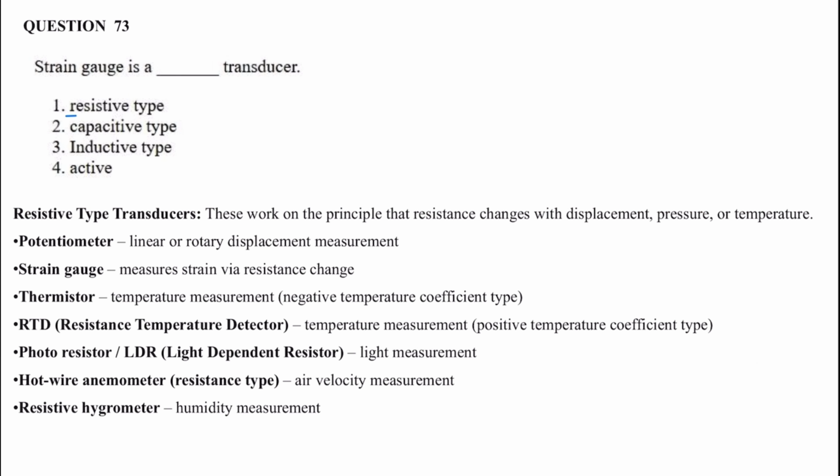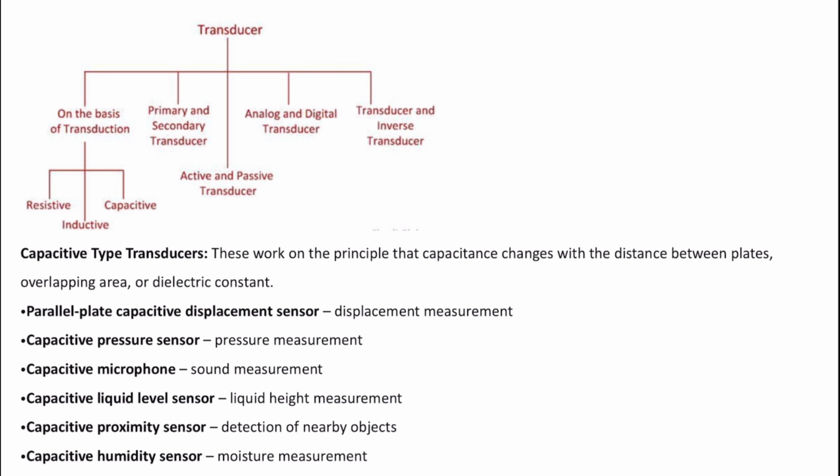Question number 73. Strain gauge is a dash type of transducer. So we will see different types of transducers first. It is classified on five different bases: on the basis of transduction, primary and secondary transducer, active and passive transducer, analog and digital transducers, transducers and inverse transducers.